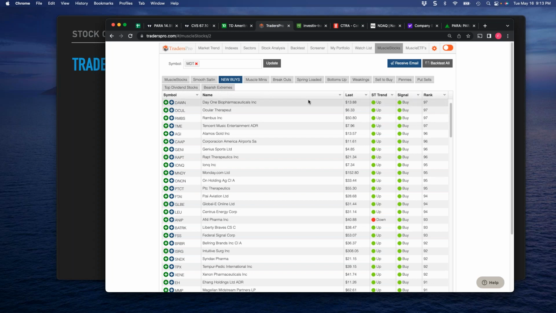I want to just highlight really quickly some of the scans that I think are a little bit more useful for the purposes of identifying stocks that might fit the criteria of the Rebel Income system. Now, there isn't one single scan, one single tab here that is built specific to every one of the criteria that are built into the Rebel Income system.